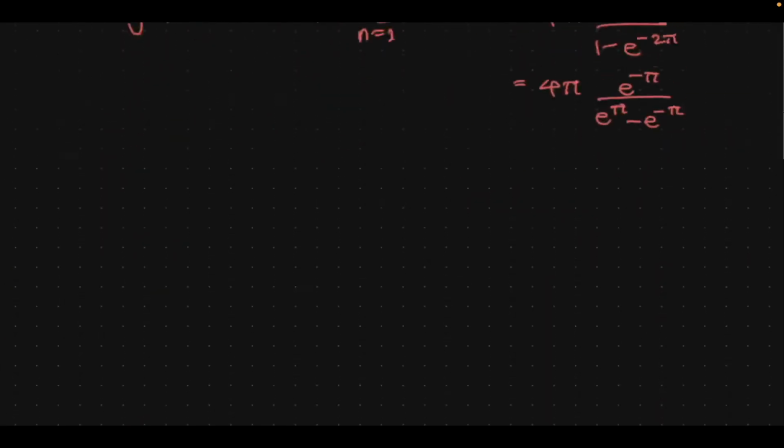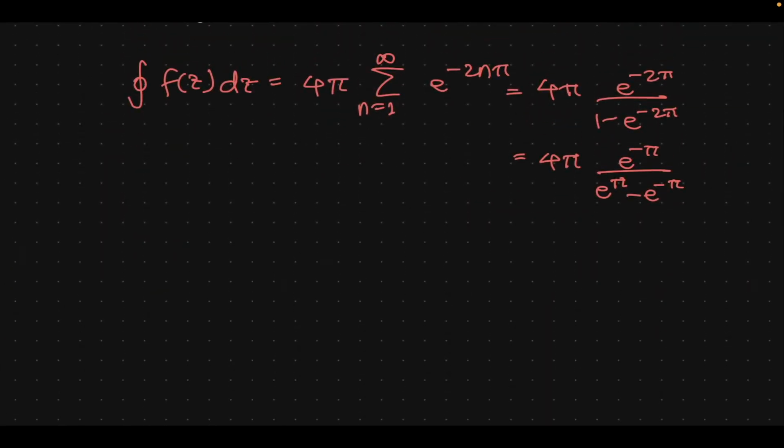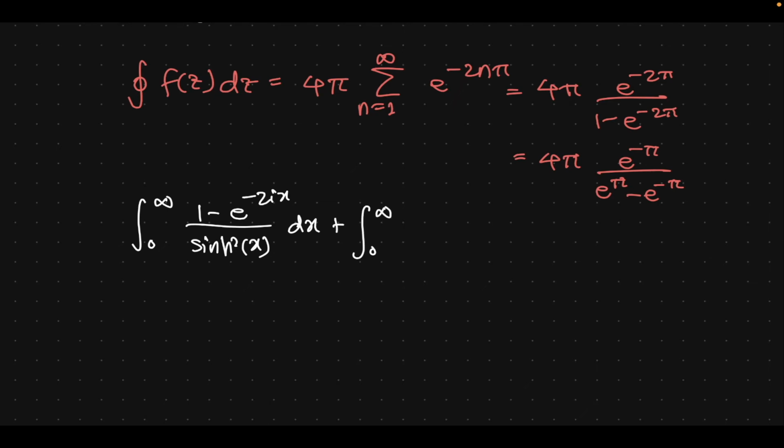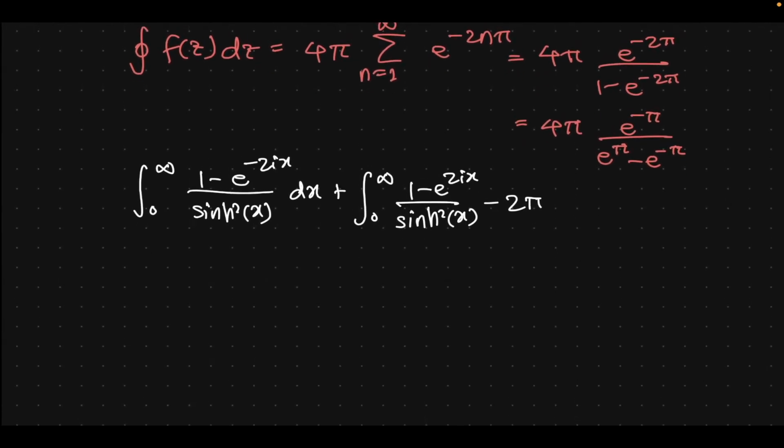So we can add up all the contributions nicely. I'm going to just write them up. So the first contribution was the 0 to infinity bit, 1 minus e to the minus 2ix over sinh squared x dx, plus 0 to infinity 1 minus e to the 2ix over sinh squared x. The minus 2 pi, the indent over the origin, z equals 0.